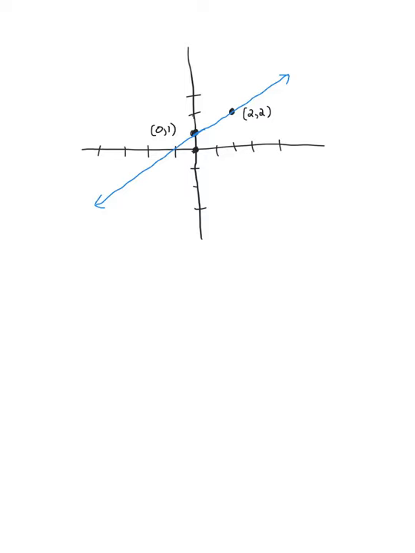So let's see if we can come up with a way of writing an equation for this line. Well, we want that if we give an x value, there's a y value to go with it. So what we're looking for is something of this form: y is some sort of function of x.